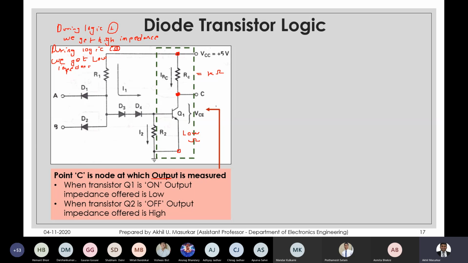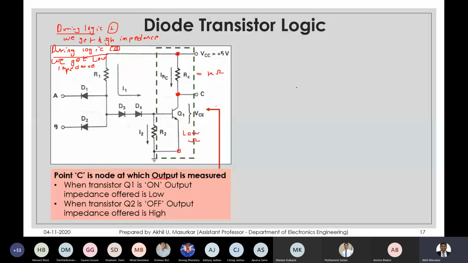Now this is also a problem because my output impedance should remain constant. It should not change depending on the value of the logic level. Whatever may be the logic level, my impedance should be the same for both the cases, and typically it should be as low as possible. So that is the problem.